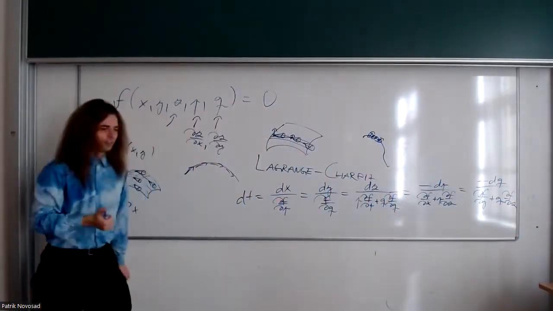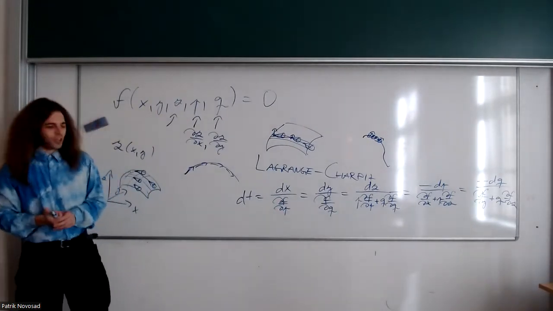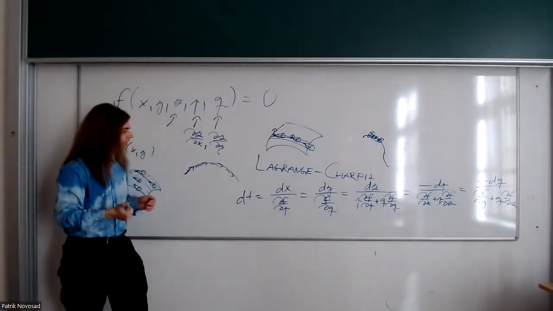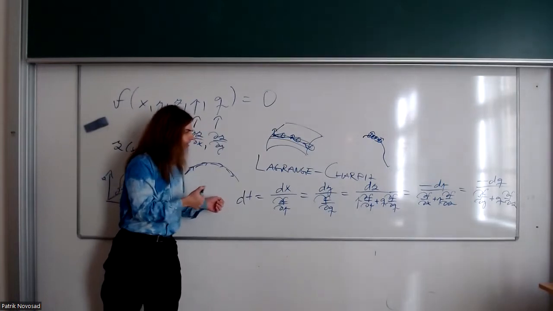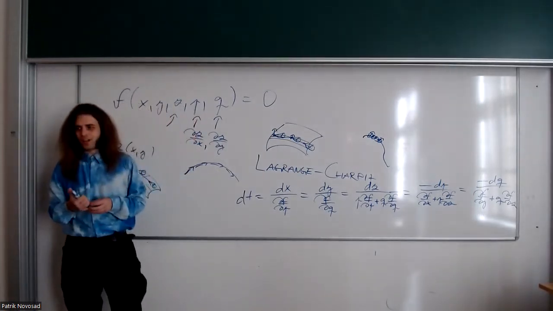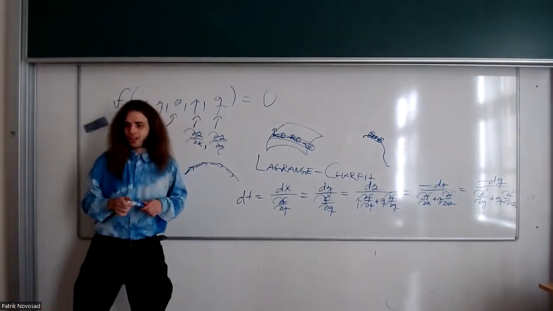And this set of equations is quite nice because it makes it possible to construct the characteristic strip out of nothing, so to say.